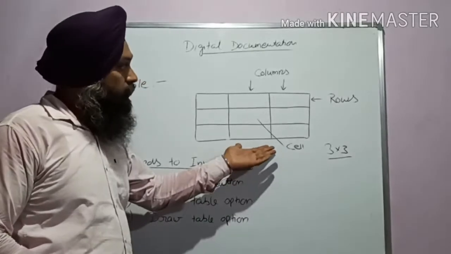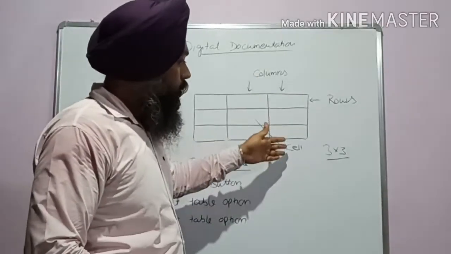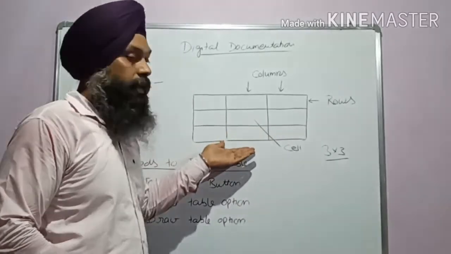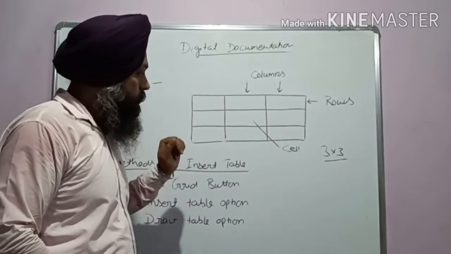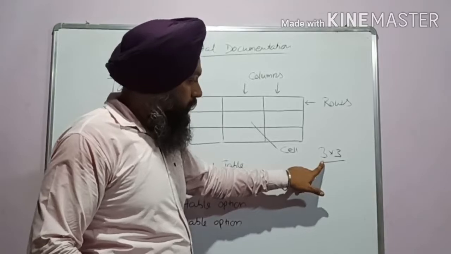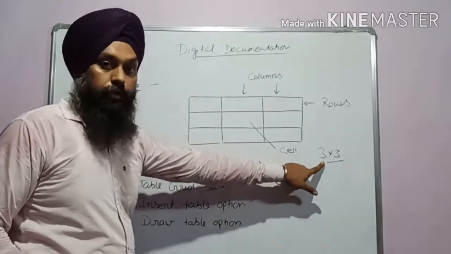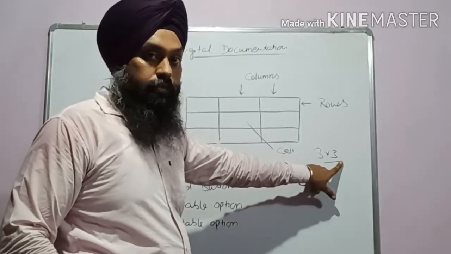The horizontal lines are known as rows and the vertical lines are known as columns. Here in this table we have 3 rows and 3 columns, so its size is 3 into 3. The first 3 represents the number of rows and the second 3 represents the number of columns.